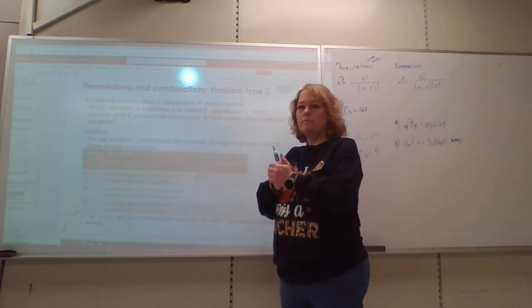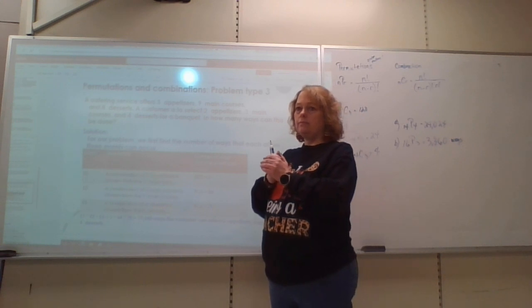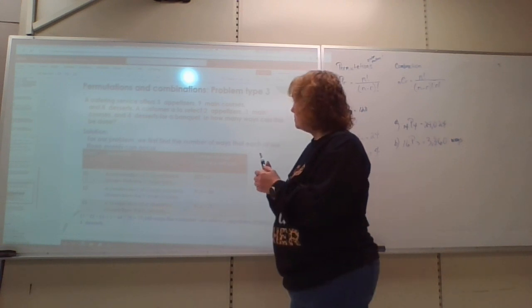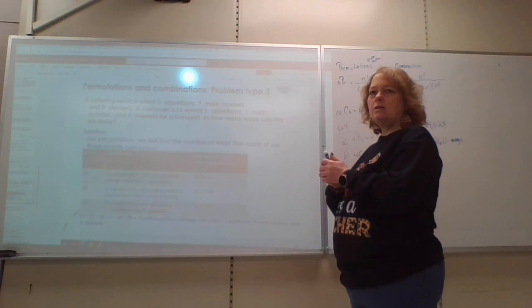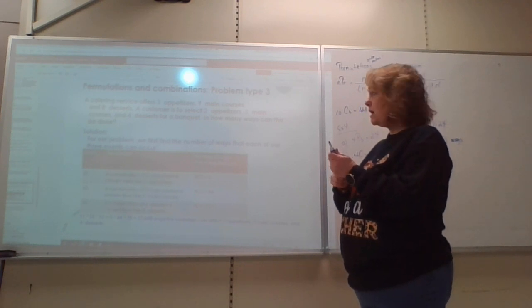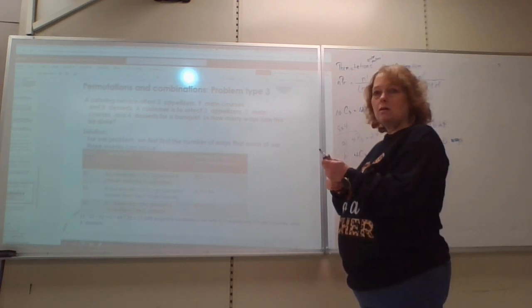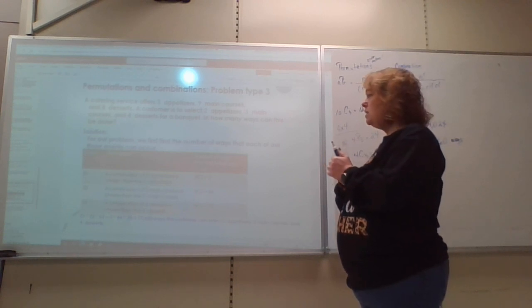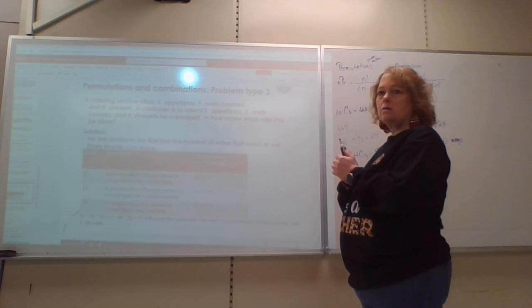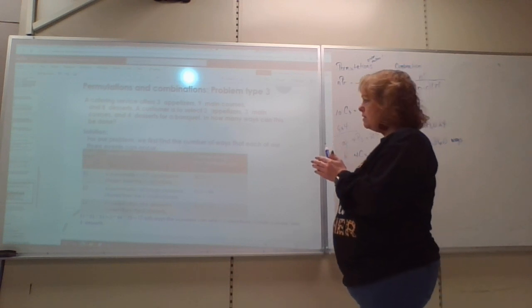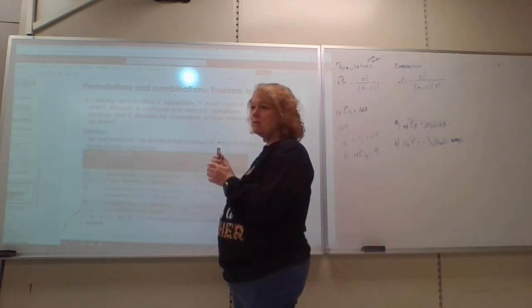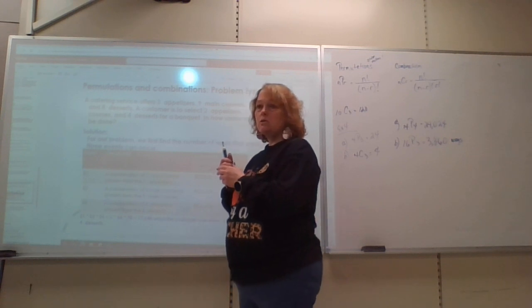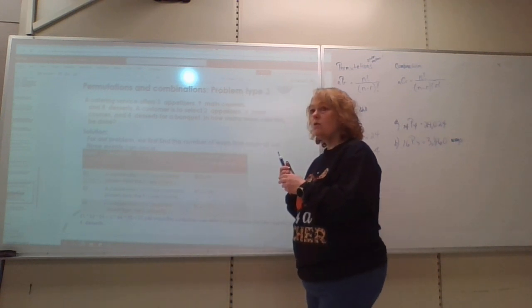So why is it combination and not permutation? Why does the order not matter? Because you're choosing food. It doesn't matter which order you choose an appetizer. Okay, so it doesn't matter how I choose those 3 appetizers. Now, if we were talking about election officers or a race, order does matter.